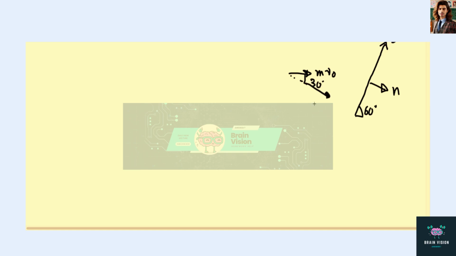So the normal component becomes mv0 cosine 30 degree, and the tangential component becomes mv0 sine 30 degree.